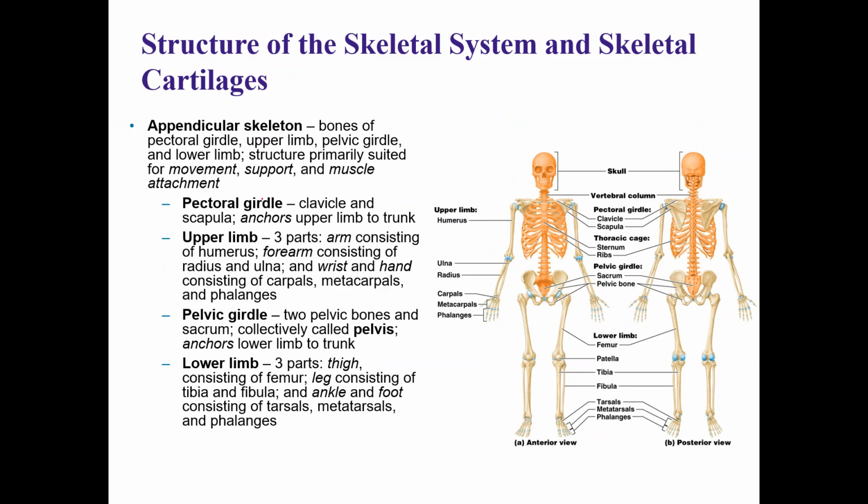The appendicular skeleton is formed by the upper limb, the lower limb, and structures that connect those to the axial skeleton, which are respectively the pectoral girdle, formed basically by the clavicle and the scapula, shown here, and the pelvic girdle, which consists of the two pelvic bones and the sacrum. Collectively they are known as pelvis. We're going to look at this again in detail.